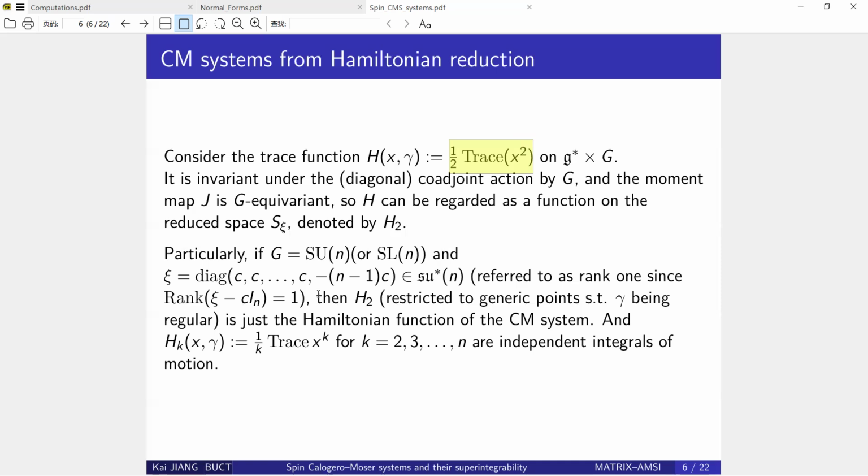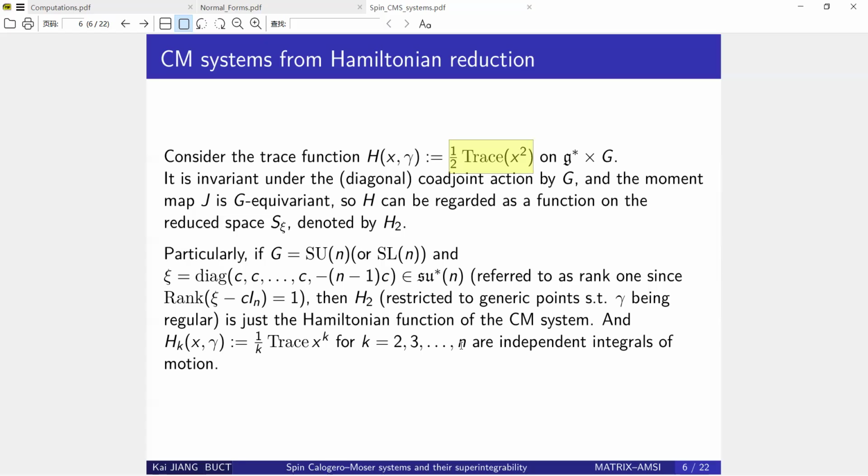We can also define functions commuting with this Hamiltonian function, like H_k. H_k is defined as the trace of X to the power k. Then we can verify directly that H_1, H_2, H_3 up to H_n commute pairwise.